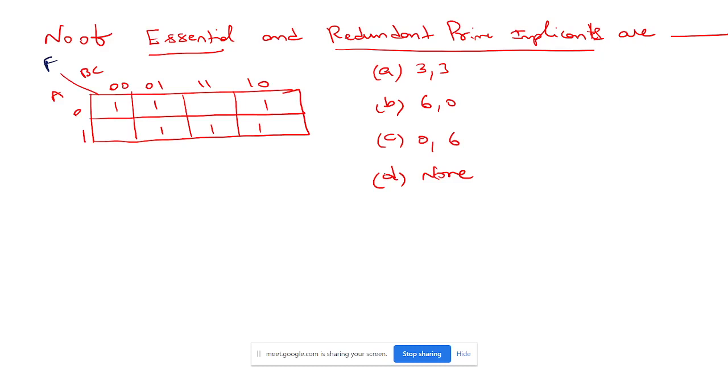Either A or D. No, no, this is not a multiple choice question. Okay. Multiple answer type? It's not multiple answer type. Only one answer.